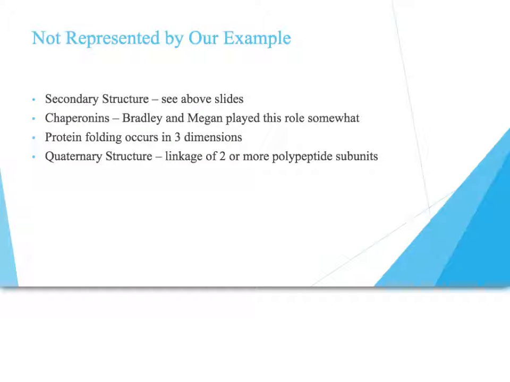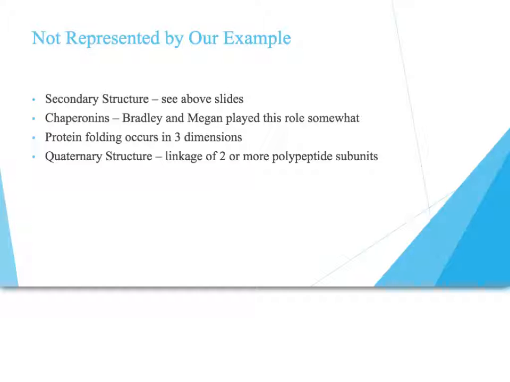Now, just like any example, this one is not perfect. So, things that were not represented in the actual construction of a complete protein in our example were, as we've already said, the secondary structure. You can see the above slides that I've already mentioned and gone over about how we did not represent the secondary structure.